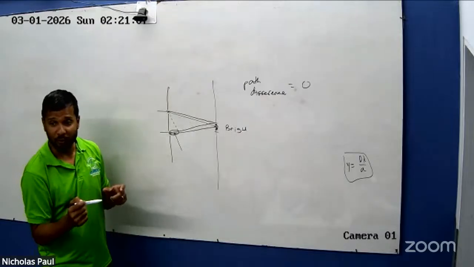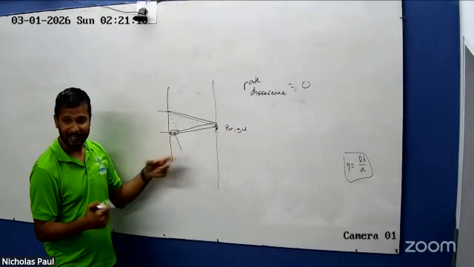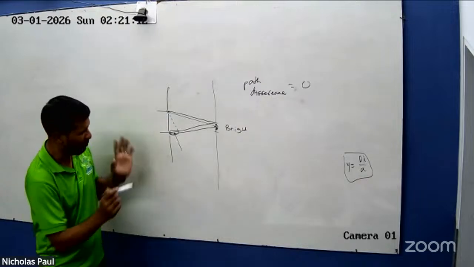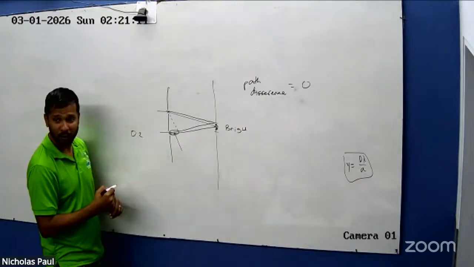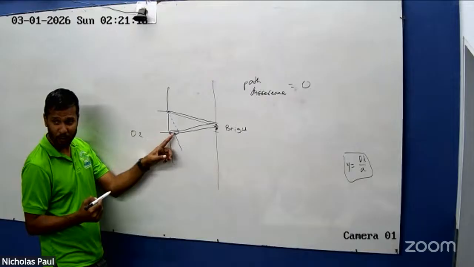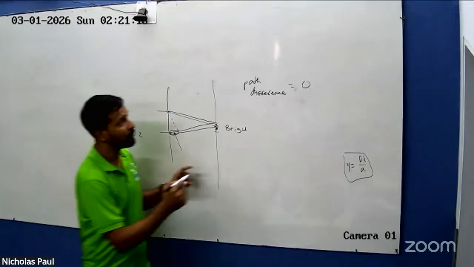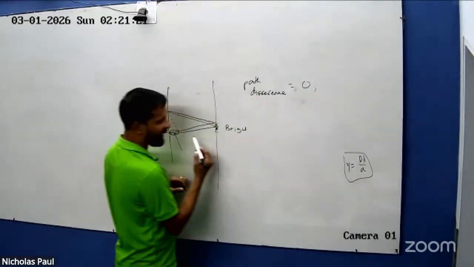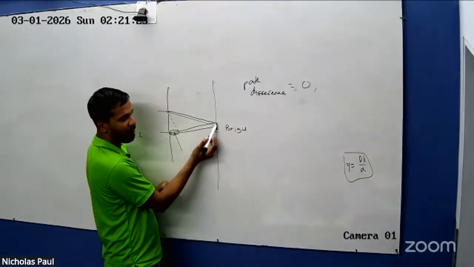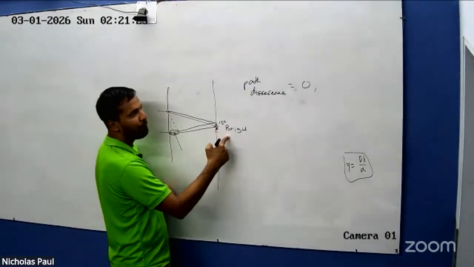What you're going to recognize is that this is a whole number of wavelengths. Let's pretend lambda is 0.2. That distance will be 0.2. So to get to the first bright fringe, the path difference is lambda.